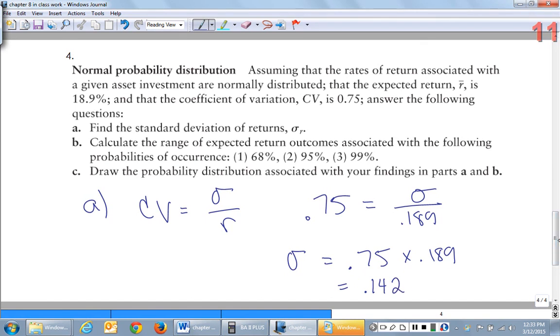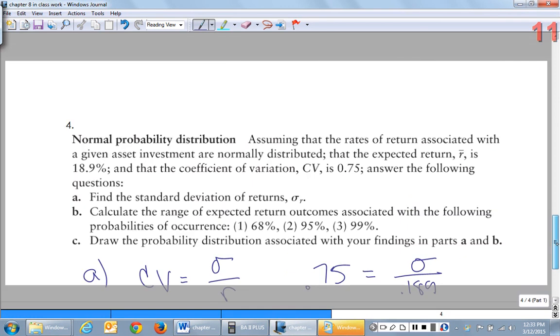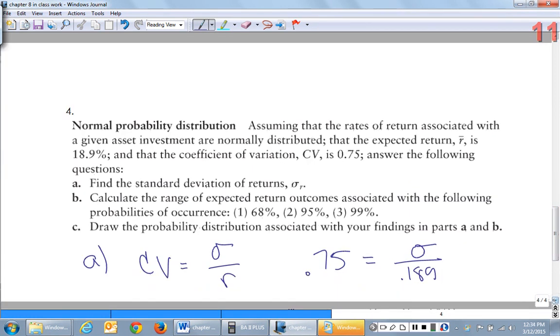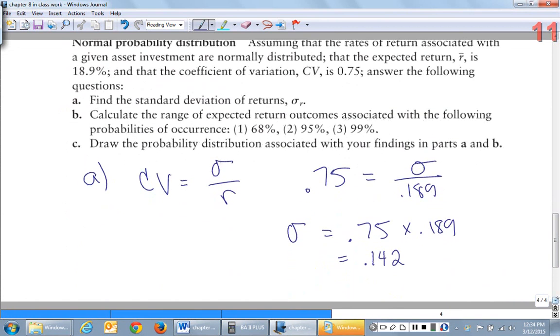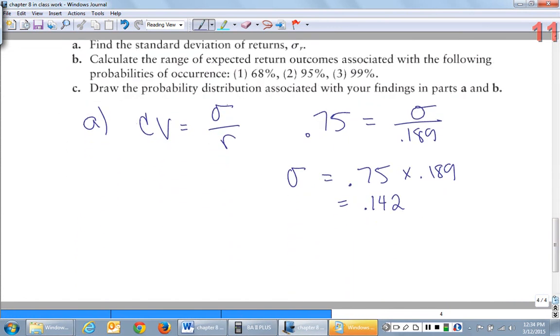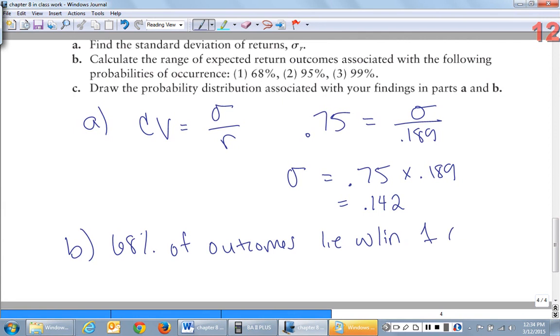So Part B asks to calculate the range of expected returns for different probabilities of occurrence. First, we're looking at calculating the range if we want to be 68% certain that our answer is correct. 68% of outcomes lie within 1 standard deviation of the expected return.